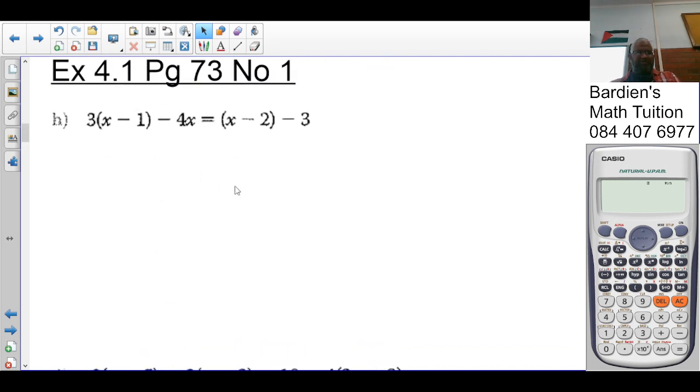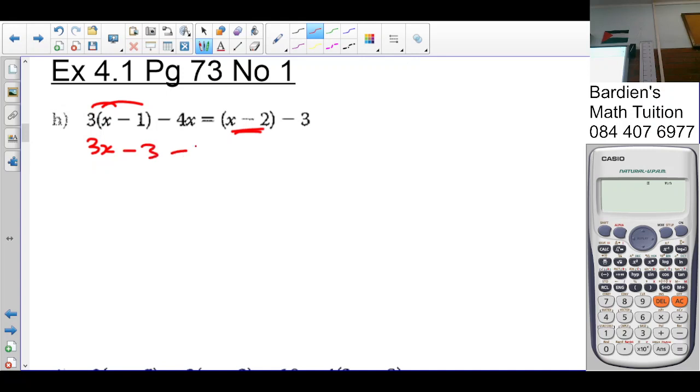We're looking at h. So what do we do first? What are the brackets? Multiply. Nothing is binding that bracket. Okay. Who asked this question? Right, go for it. 3x equals x minus 2 minus 3.